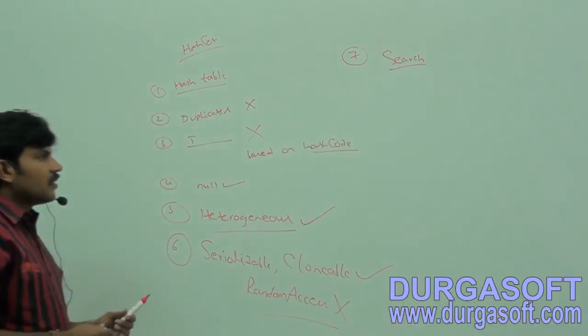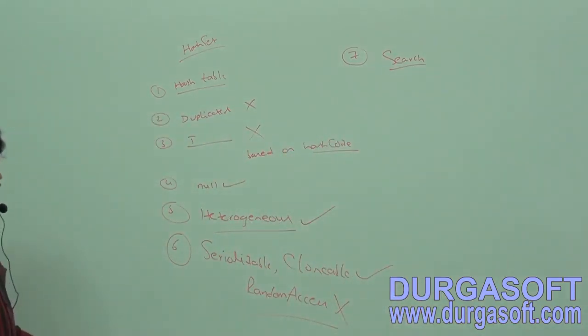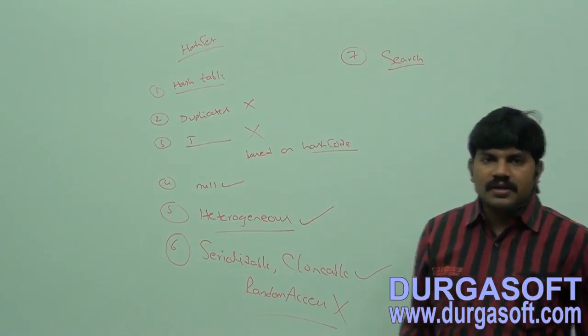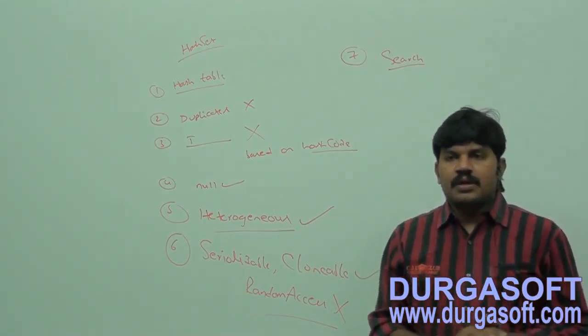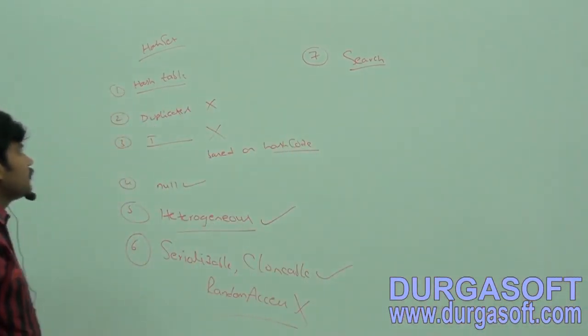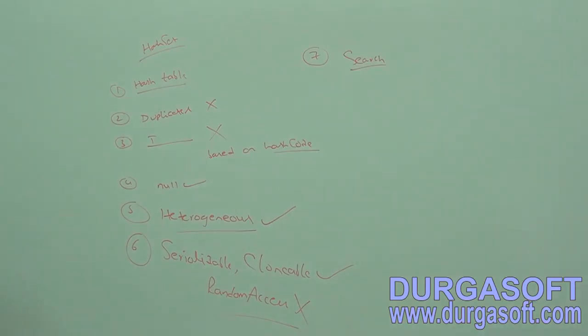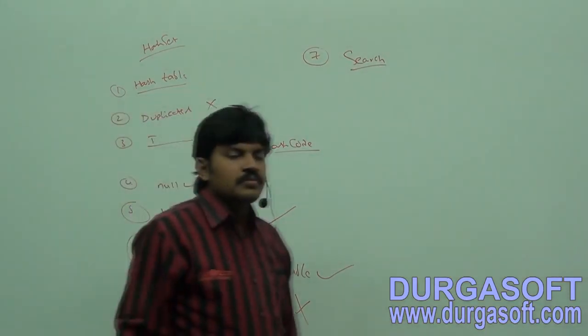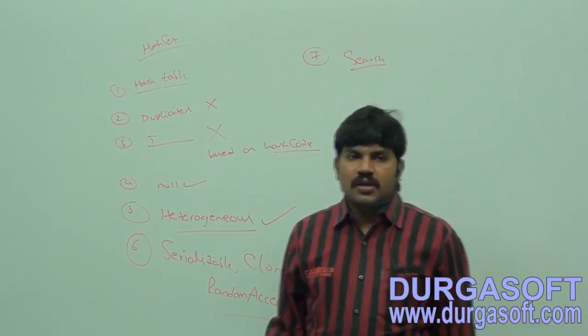Okay, at this point, HashSet. At the first point, the underlying data structure is hash table. Next, second, duplicate objects are not allowed.